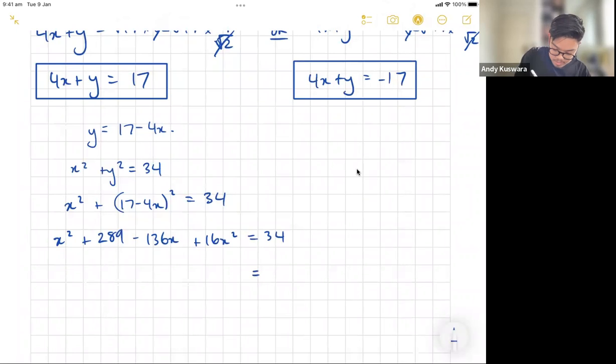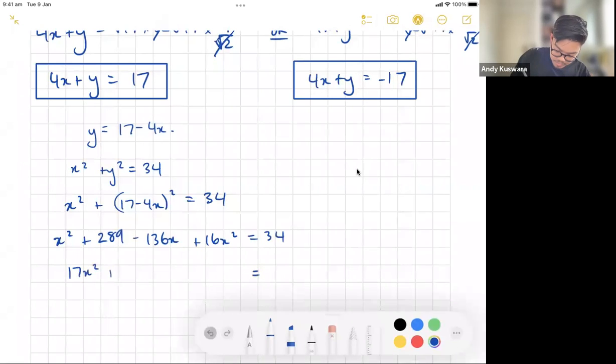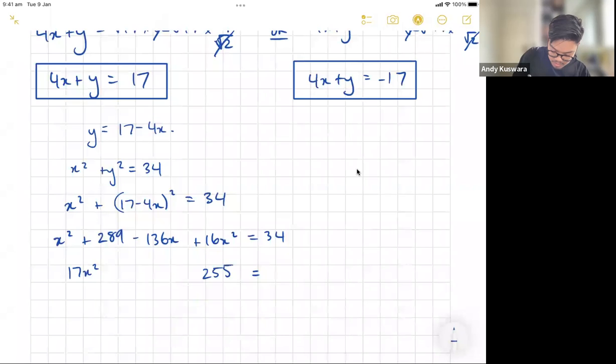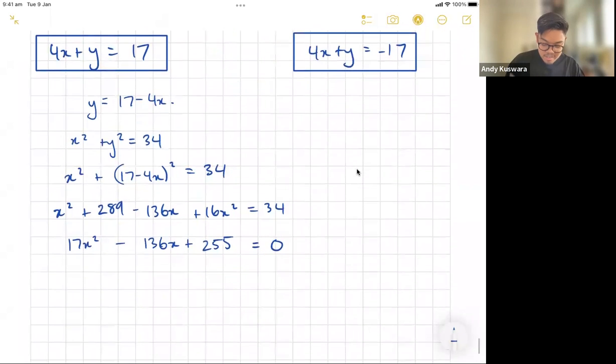Now, just collecting like terms, this gives me 17x squared. And I'll do it in order here. What's 289 minus 34? That'll be 255. And then I'll have the minus 136x still. So I've moved the 34 over. That's my next line.